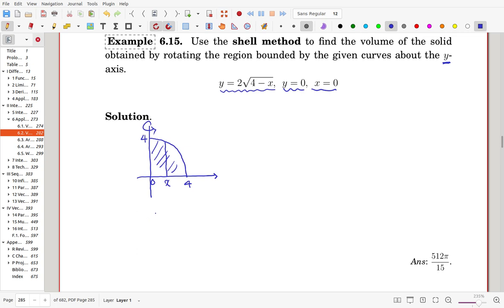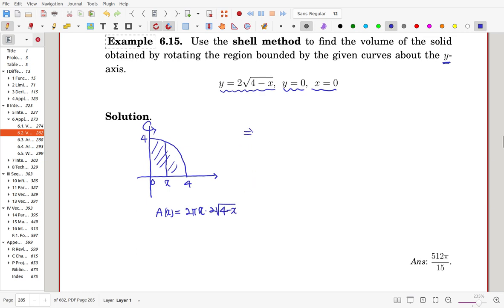Now, let's get the area of the thin shell, which is 2 pi r, and r is x. Now the height, what is the height? That was twice the square root of 4 minus x, right?